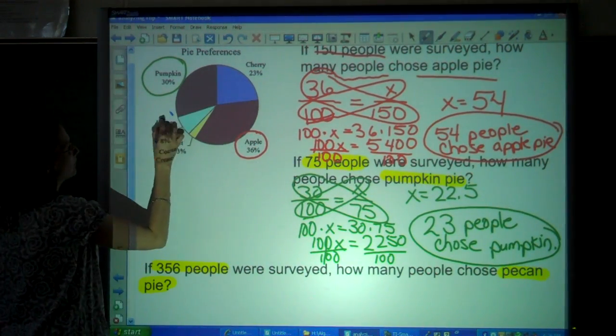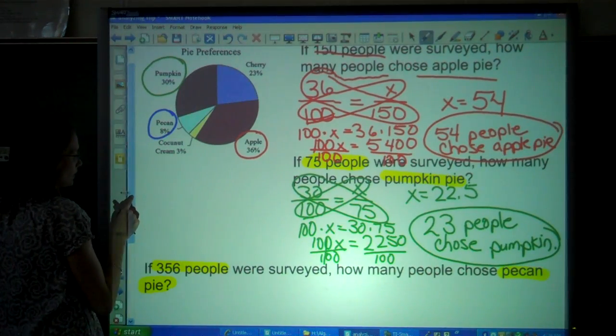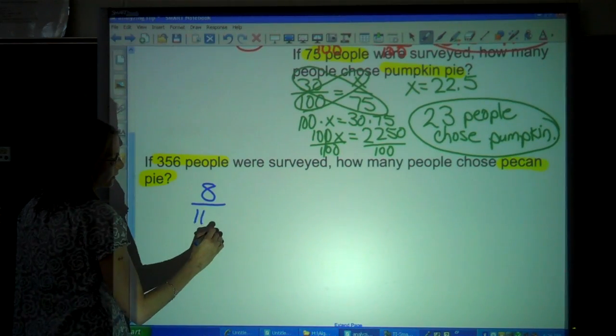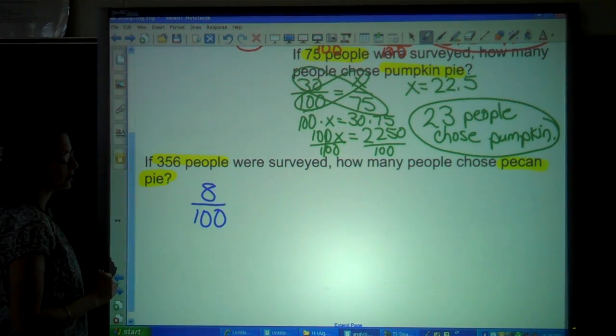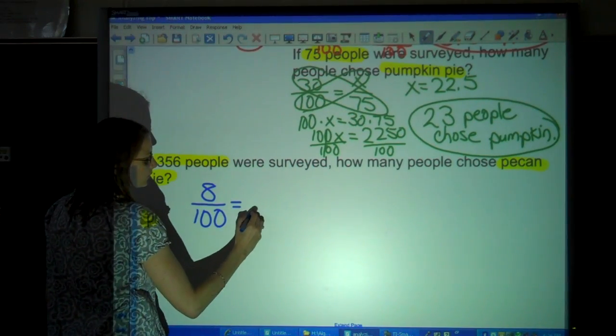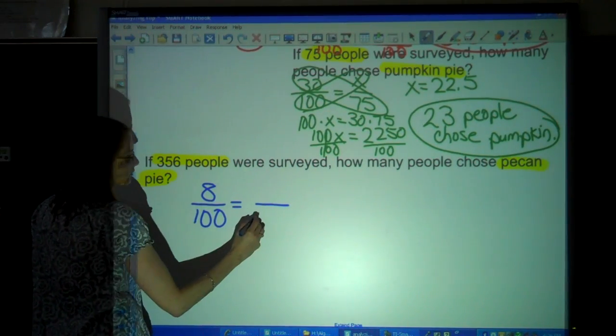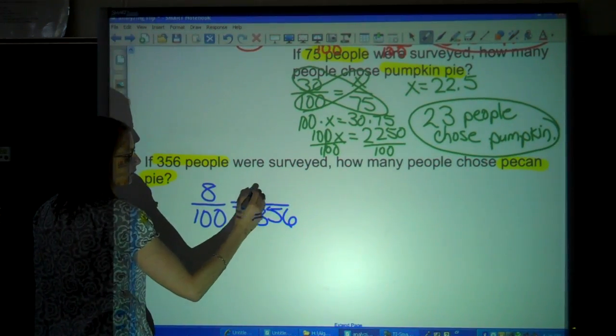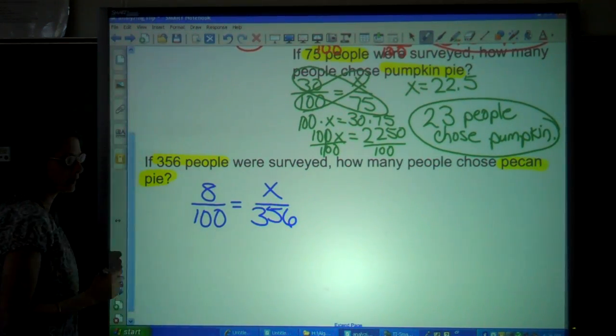Use a blue one this time. So down here, 8% out of 100. Percent's always over 100. And the 356 people is all of the people that were surveyed, the whole. So that comes down here. And I'm trying to find the part of those people that chose pecan.